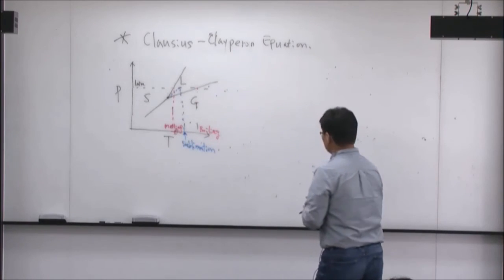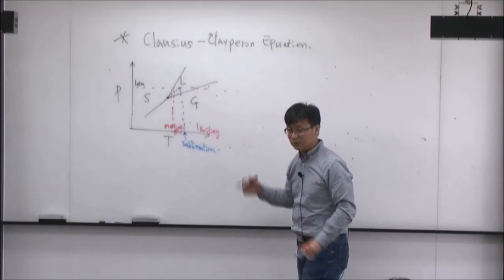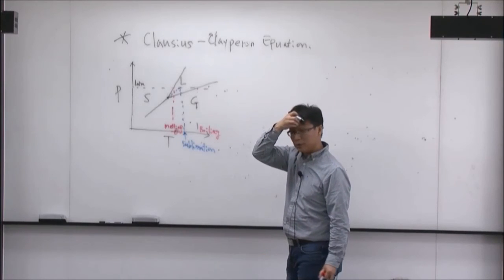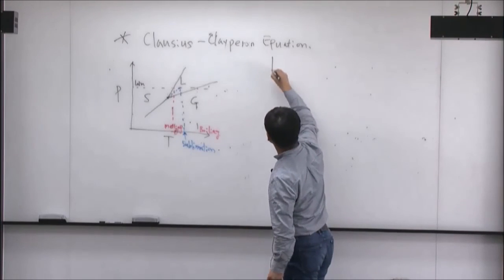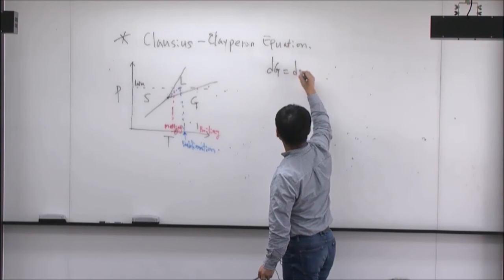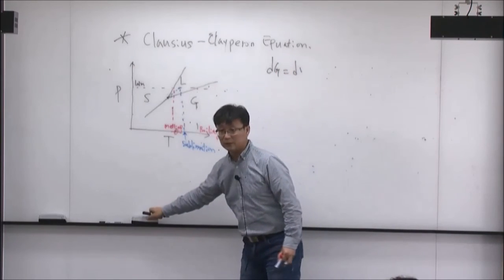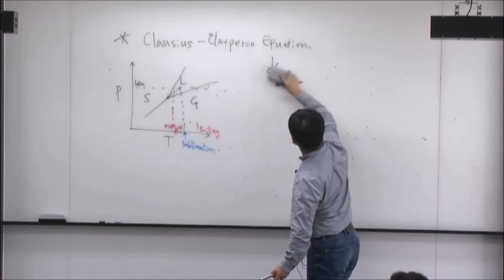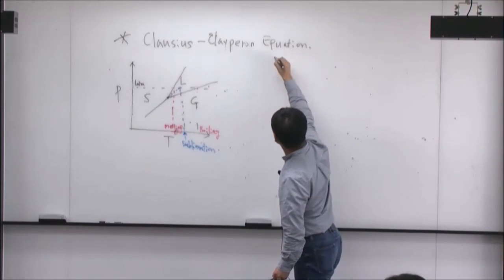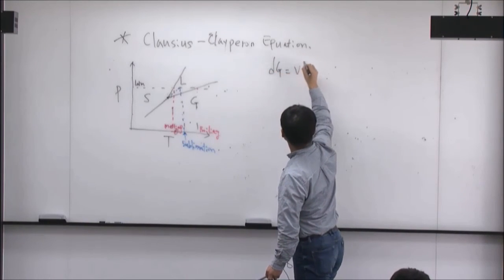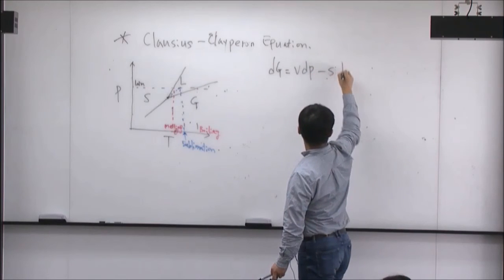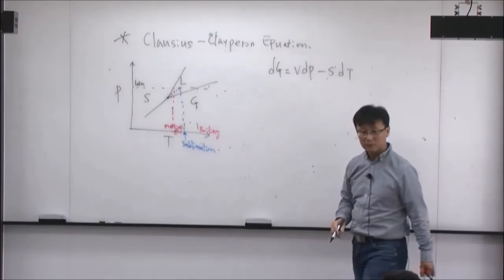So this equation is relatively simple. We know that one of the Gibbs energy equations is dG equals V dP minus S dT. Yeah?